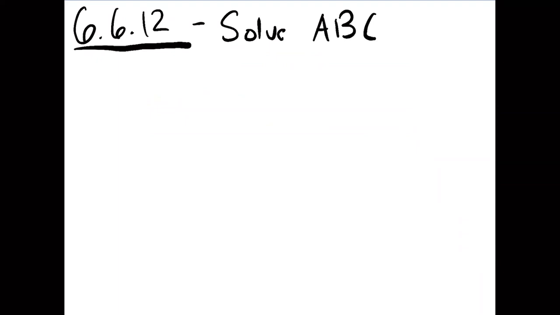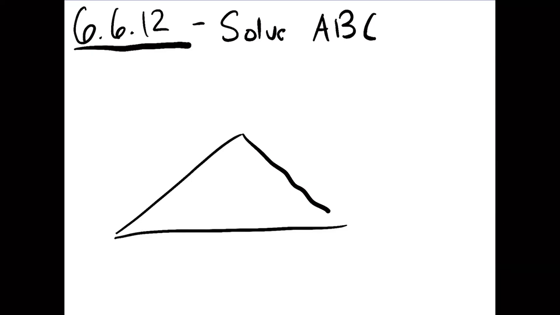In this case, we have a right triangle, and we can label the angles A, B, and C again. What we're given is just the sides: this is 12, this is 40, and this is 45.